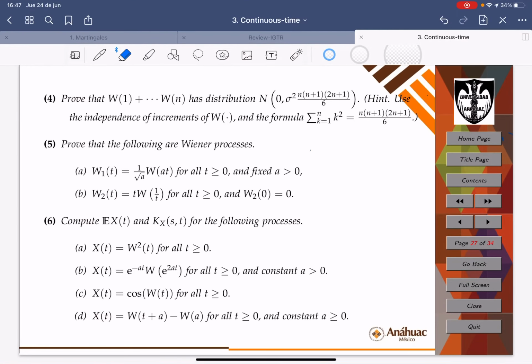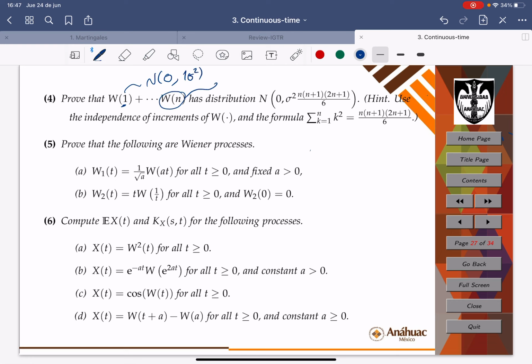Hello, guys. Well, today we're going to find out how to solve this exercise here, number 4. So, if these are just Brownian motions, that is, each one has normal distribution with mean 0 and variance, in this case, 1 times sigma square.